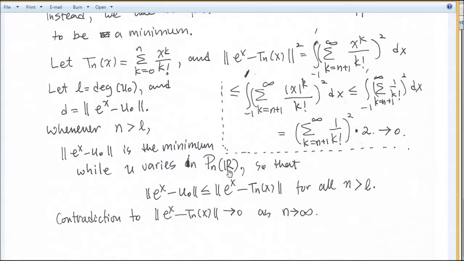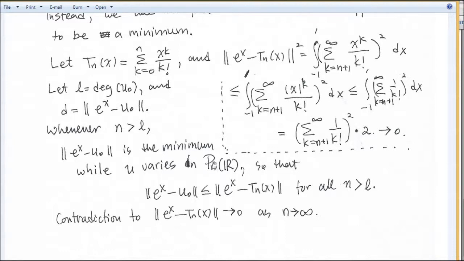If you remain in here, that is your Hn, then the theory applies. This e to the x minus u0 is supposed to be the minimum as u varies within this finite dimensional space, right? So e to the x minus u0 is supposed to be the minimum compared to e to the x minus Tn(x), which is a degree n polynomial. Correct?